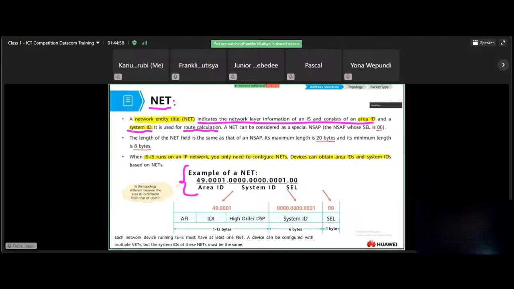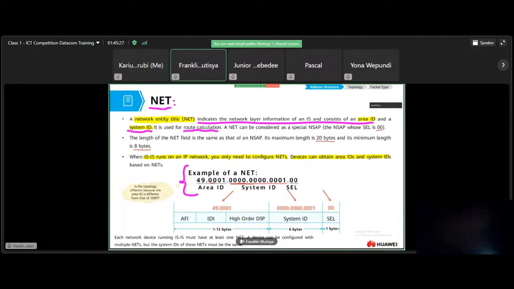So the network entity title looks like something like this. Okay. So we have the system ID and the area ID. For instance, here we have the area ID as 49001. The system ID is this value.